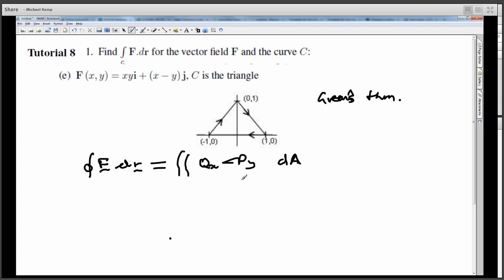Qx minus Py measures how non-conservative the function is, or it can also be thought of as the rotation. So this is summing up the rotational aspect of all the bits in the middle to give you the total rotation just on the boundary. Now, it does need to be anti-clockwise for it to work properly.